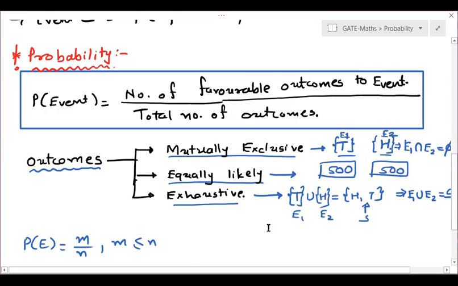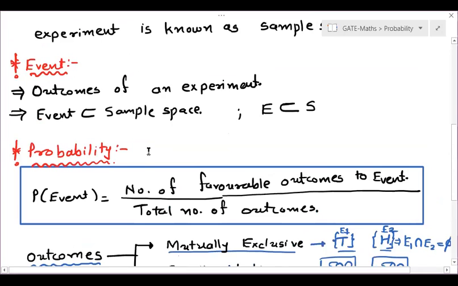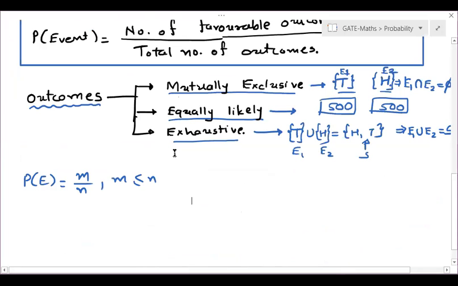When the number of tosses was increased from 100 to 1,000, and 1,000 to 1 lakh, and 1 lakh to 10 lakh, the probability of head and probability of tails tended to half. Are you getting my point?